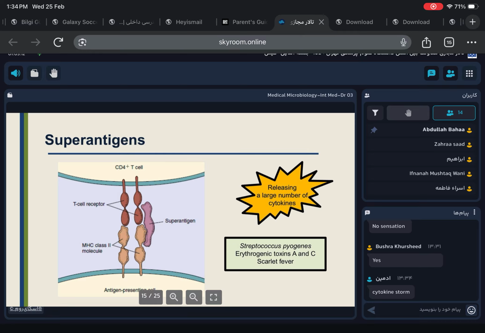And this cytokine storm can lead to fever, rash, and shock. Fever is high temperature. What about rash? What do you know about rash?